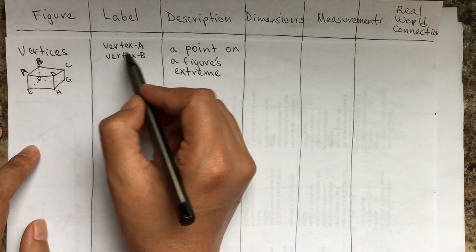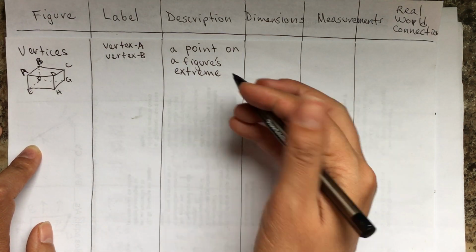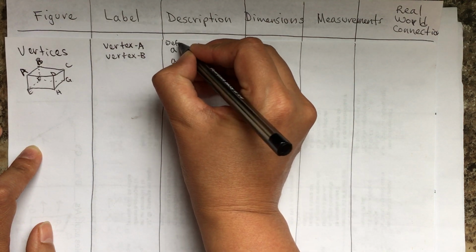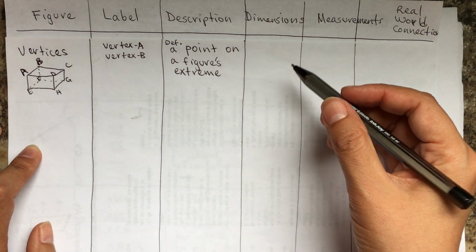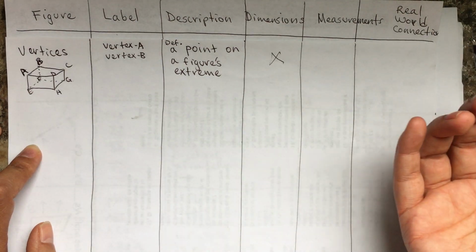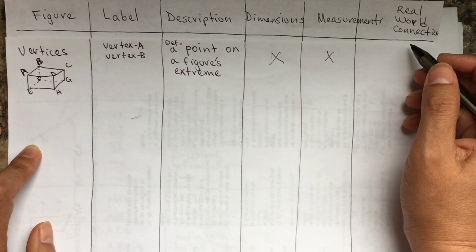Vertices is plural, vertex is when we have only one. This is actually a definition, and we don't talk about dimensions because it's the same as the point. And also there is no measurement.